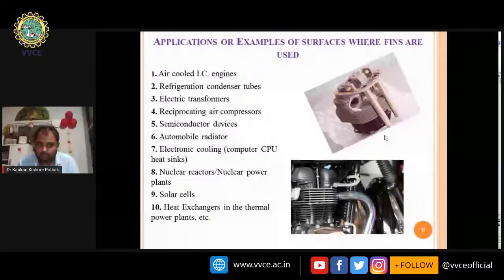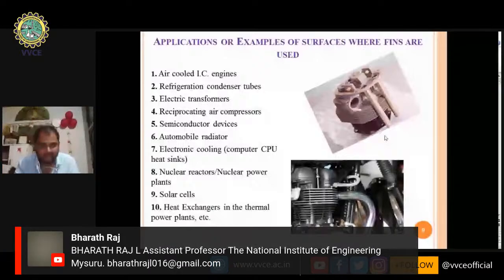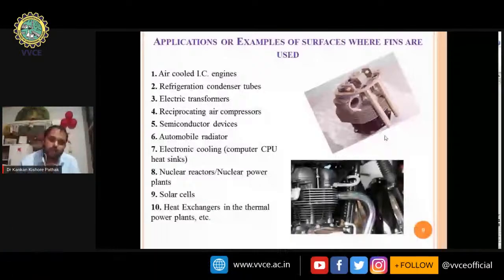Then we can say refrigeration and condenser tubes, electric transformers, reciprocating air compressors, semiconductor devices, automobile radiators, electronic cooling, computer CPU heating, reactors, nuclear power plants, solar cells, heat exchangers in the thermal power plants, etc. These are a few examples that I collected from the internet.